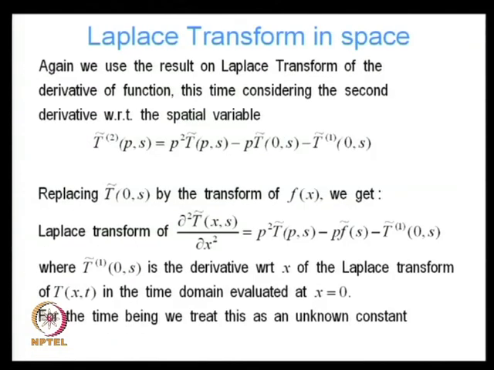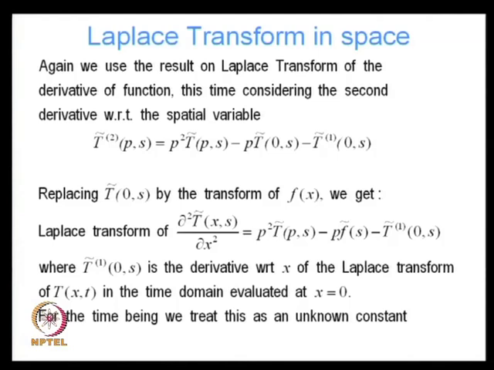So, we get the Laplace transform of del squared T tilde(x,s) by del x squared to be this: p squared T tilde(p,s) minus p T tilde(0,s), which we have just replaced by the transform of the boundary condition, minus T tilde_1(0,s). This is something which we do not know, because it did not appear in my boundary conditions. My boundary condition didn't tell me anything about the first derivative.